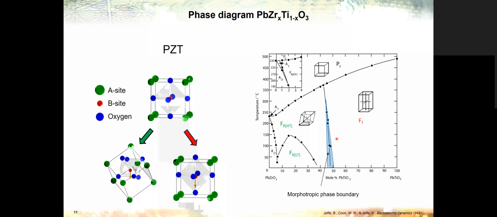And in this region around the phase boundary are actually the most interesting compositions, because here you have highest properties. But this also means that here you usually have phase coexistences.